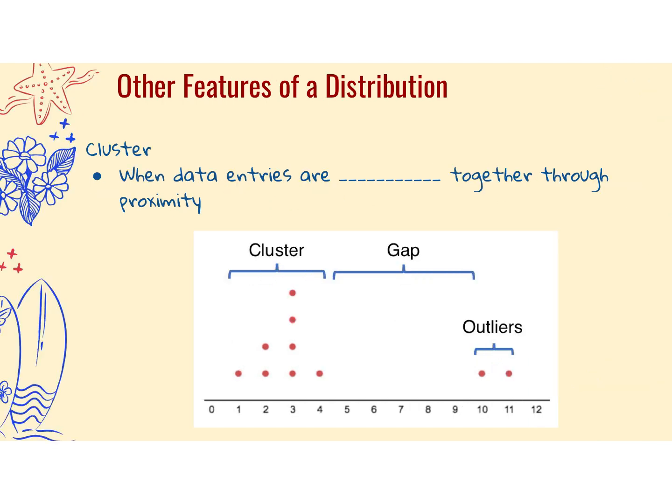And we also have our cluster. Clusters are when data entries are grouped together by proximity. And you can see that in our graph here at the bottom. Everything's just kind of all together, grouped up. And that is the end of our central tendencies and shape.